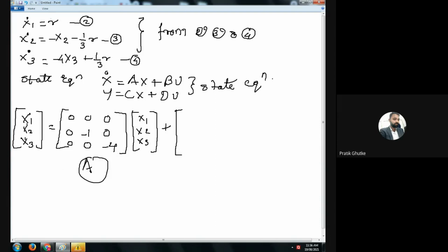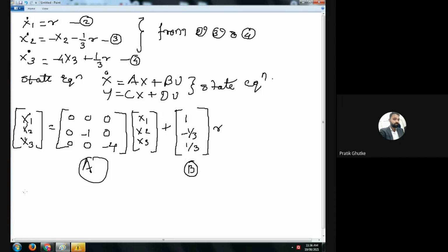R means there is one term, that's why I am writing 1. And in second equation, it is minus 1 by 3. So minus 1 by 3 I am writing. In third term, it is 1 by 3. That's why I have written like this. Into R. This is your B matrix. Have you understood? AX plus BU. Okay.